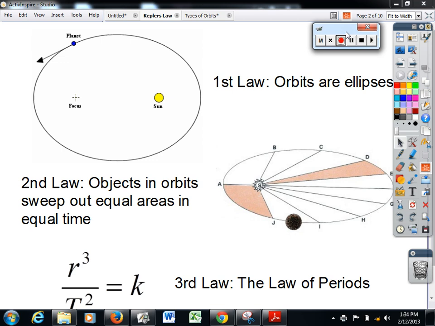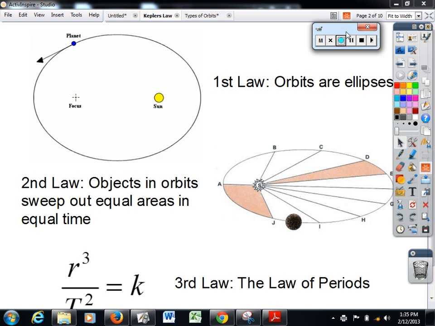The first law is the law of orbitals. You don't need to know these. The only one is the third law, and we'll go on to that in a few seconds. He realised that there were no circular paths in orbits. Orbits were ellipses.